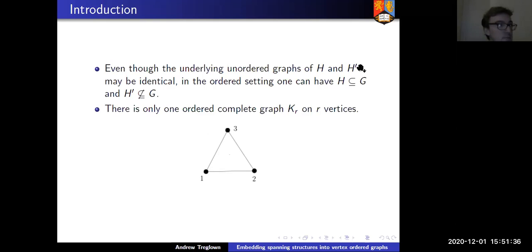However you label or order the vertices, up to isomorphism it's the same graph if you're looking at the complete graph. That's the basic notion of a vertex-ordered graph.